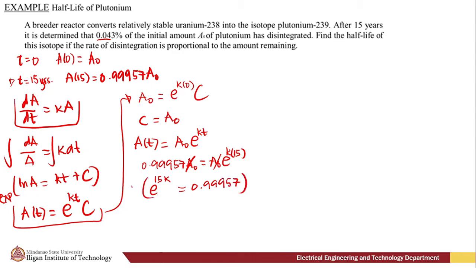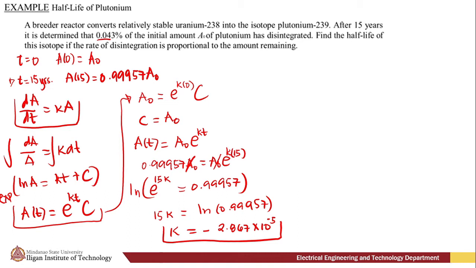Applying natural logarithm to both sides, 15k equals ln 0.99957. Then solving for k, the value of k is negative 2.867 times 10 to the negative 5. We have a negative value of k since it is a decay problem.